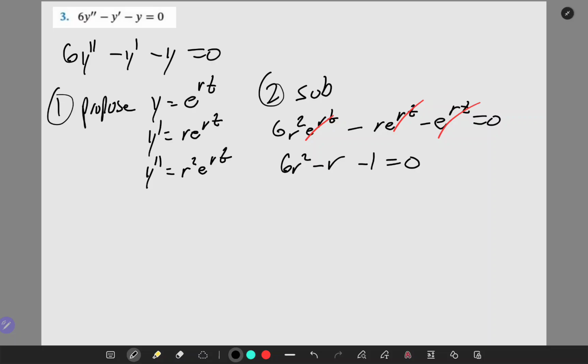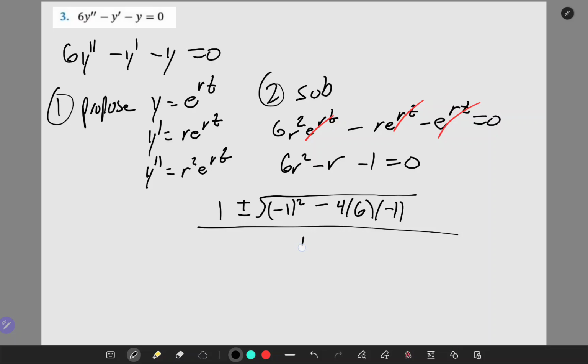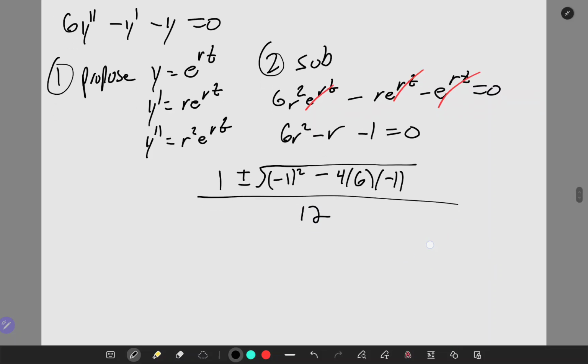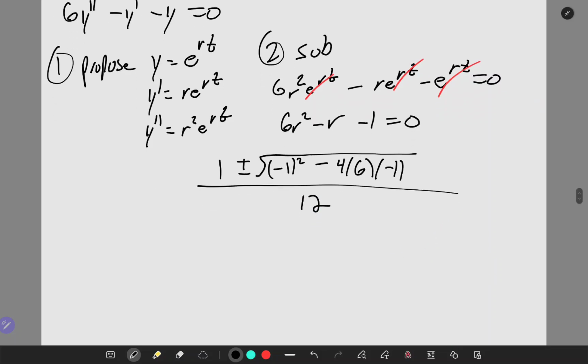So negative b, so 1 plus or minus the square root of negative 1 squared, minus 4 times 6 times negative 1, over 12 is equal to r, right?